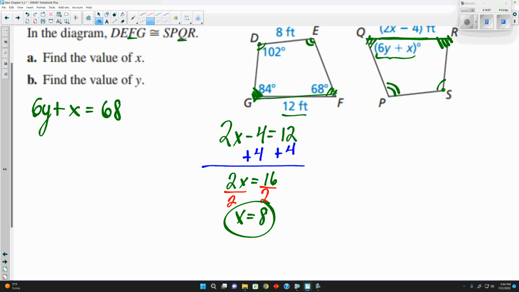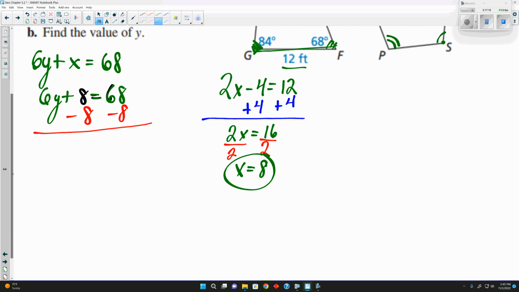Now that we have the value of x, we can solve for the value of y. So we can set 6y plus, well, we know x is 8, is equal to. So now we can subtract 8 from both sides, which tells us that 6y is equal to.